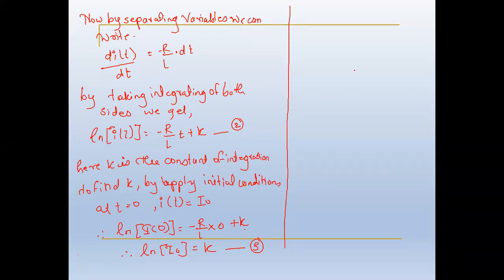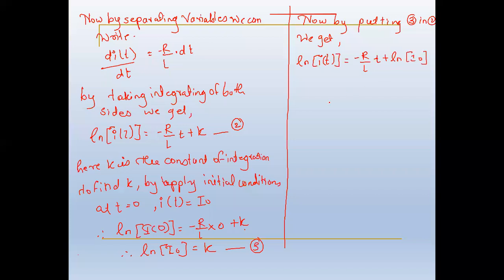Now, by putting 3 and 2, what do we get? We get log of I of t is equal to minus R by L into t plus log of I0. Therefore, log of I of t minus log of I0 is equal to minus R by L into t.